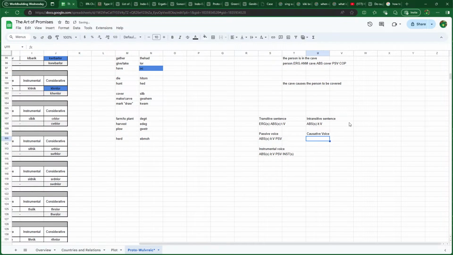We would then have an ergative object here, then the transitive verb, the causative, and then what was originally the absolutive subject here.